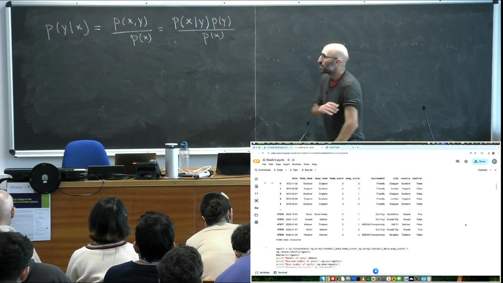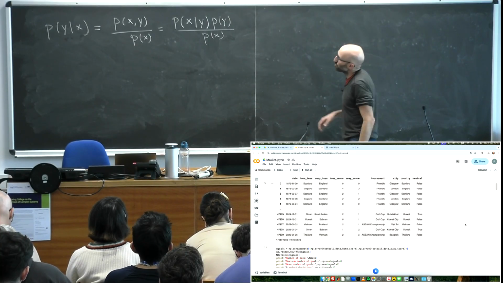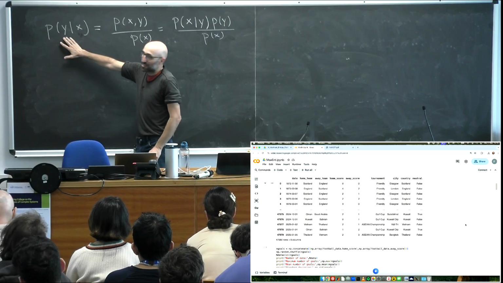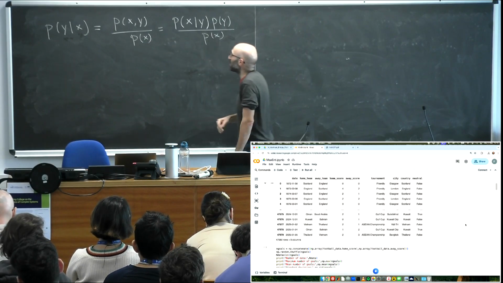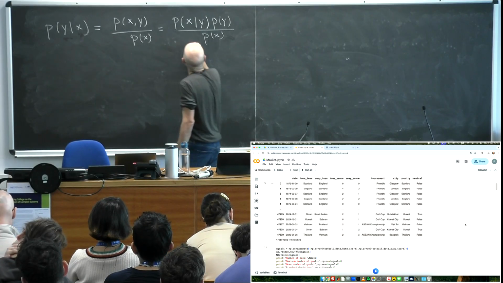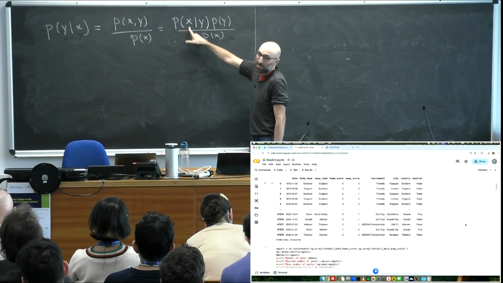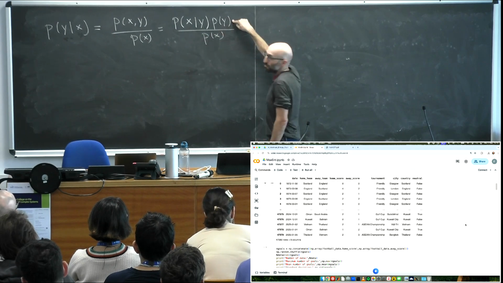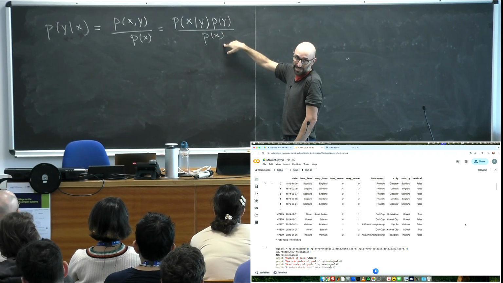So x is something you observe, and y is something you want to estimate, but you reverse the problem by writing it in terms of the probability of observing x given y times some probability of y, and then normalized.